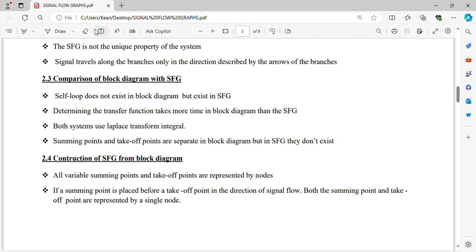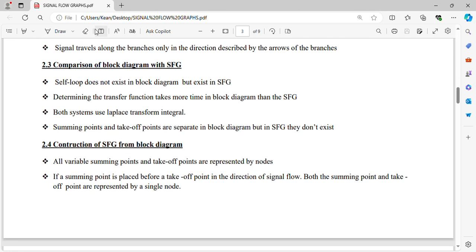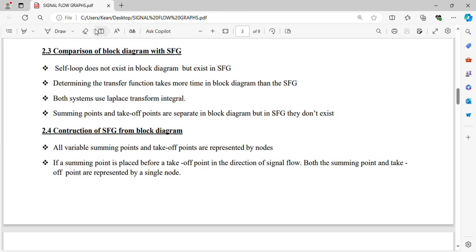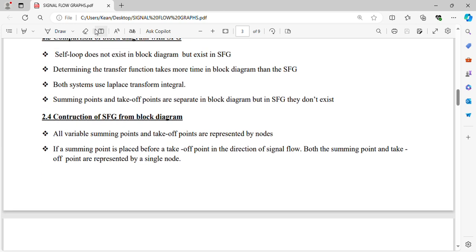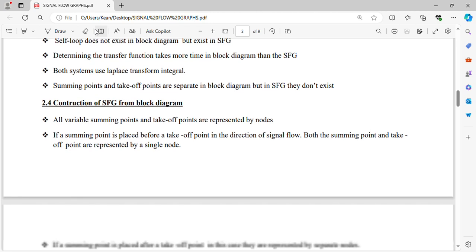So signal flow graphs are easier to use to find the transfer function. Both systems use the Laplace transform. And the summing point and takeoff point are separate in a block diagram, but in a signal flow graph we can put them together. Sometimes they are together, sometimes they are separate.